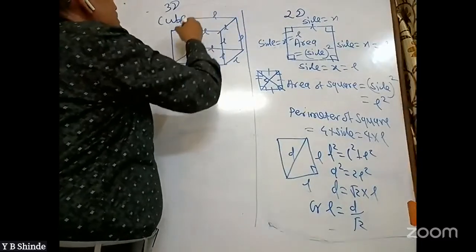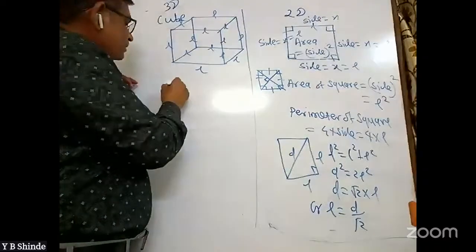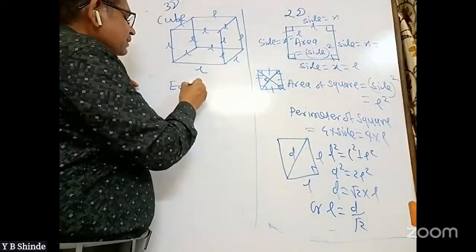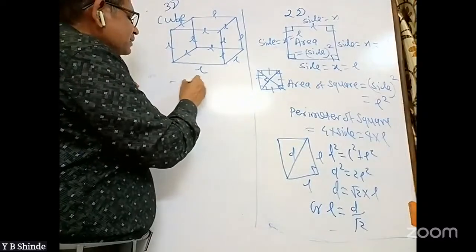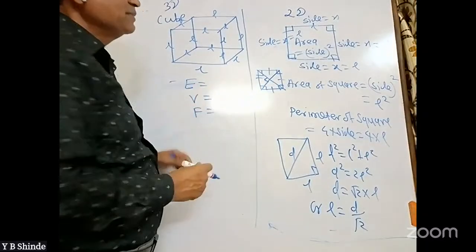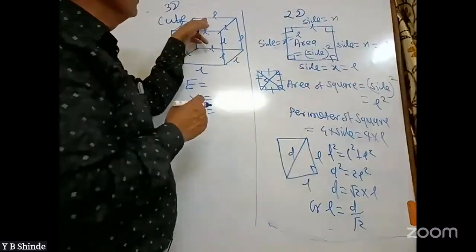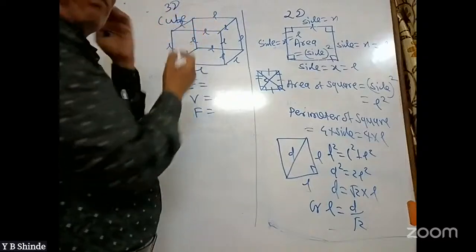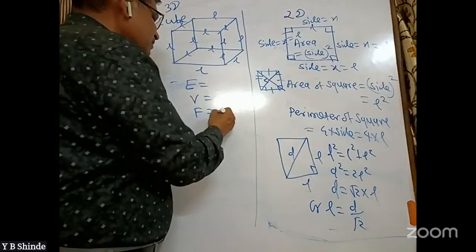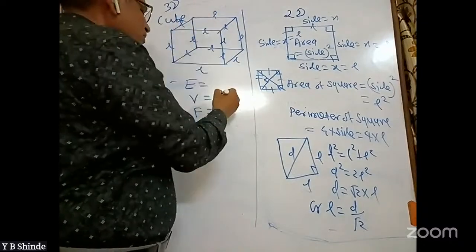How many edges does it have? Edges, meaning sides. How many vertices does it have? And how many faces does it have? It has 6 faces: 1, 2, 3, 4, 5, and back 6. How many vertices? 1, 2, 3, 4 and 1, 2, 3, 4. 4 plus 4, 8.